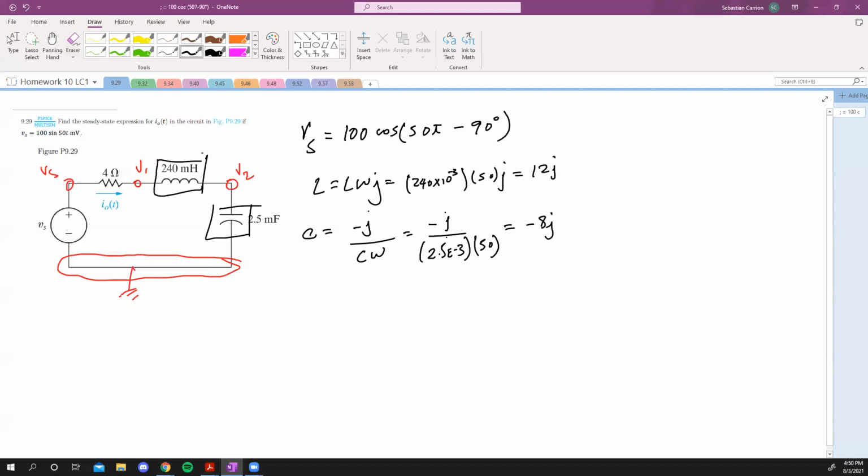So we can treat these values as resistors. We have no KCL, so our equations for the components are: I naught equals Vs minus V1 over 4. I naught is equal to V1 minus V2 over 12J.